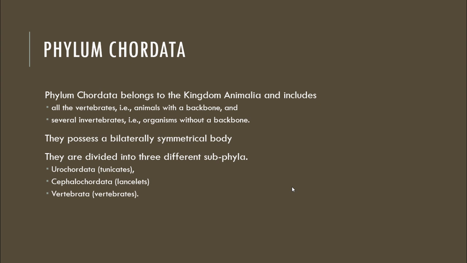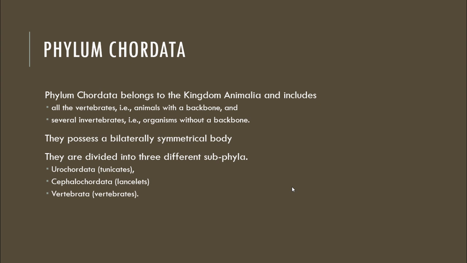Then here we have phylum Chordata, and it includes what? All the vertebrates, and also several invertebrates. I just mentioned that you have the vertebrate chordate and the invertebrate chordate. They possess a bilaterally symmetrical body.